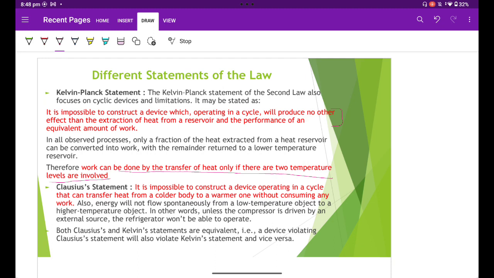The first law of thermodynamics is concerned with the conservation of energy. As long as energy is conserved in a process, the first law is satisfied. Second law emphasizes the fact that a process proceeds in a certain direction but not in the opposite direction.